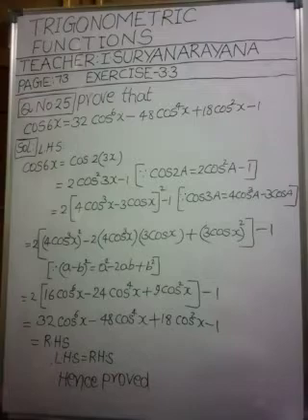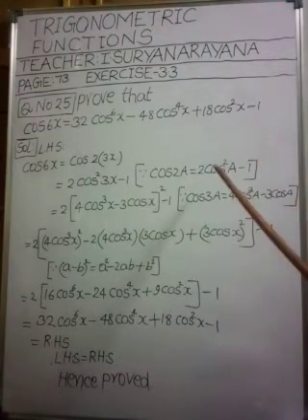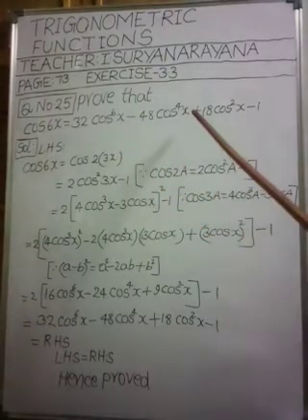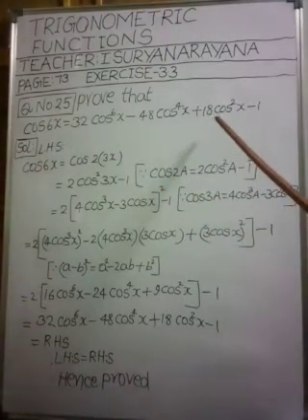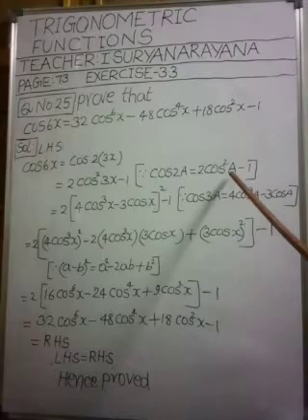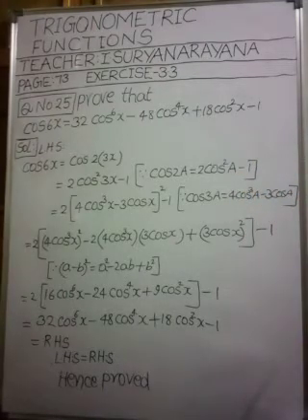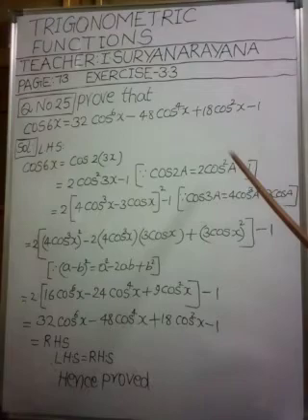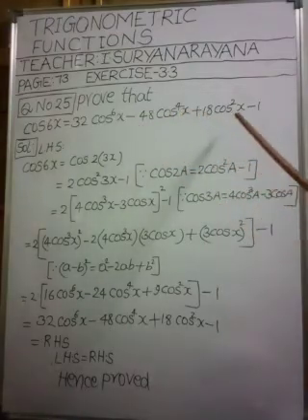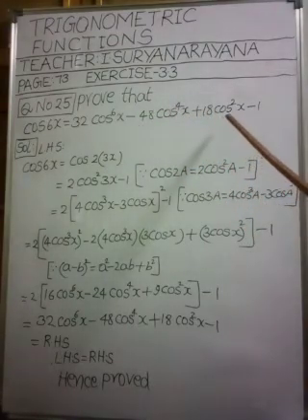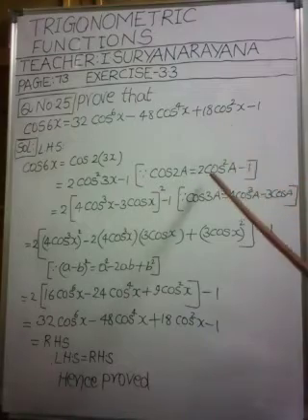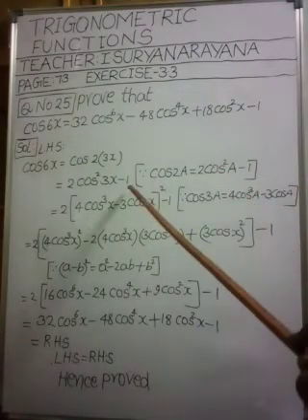Actually, there are 4 formulae for cos 2a, but because the entire RHS is in terms of cos, we use this formula only. According to this question, every term in RHS is in terms of cos, so we use this formula only. Understood this statement, children?